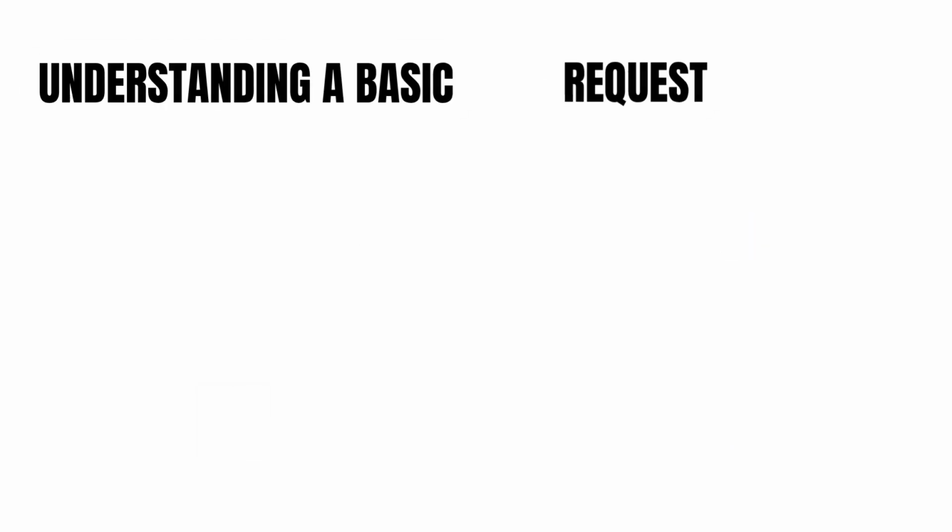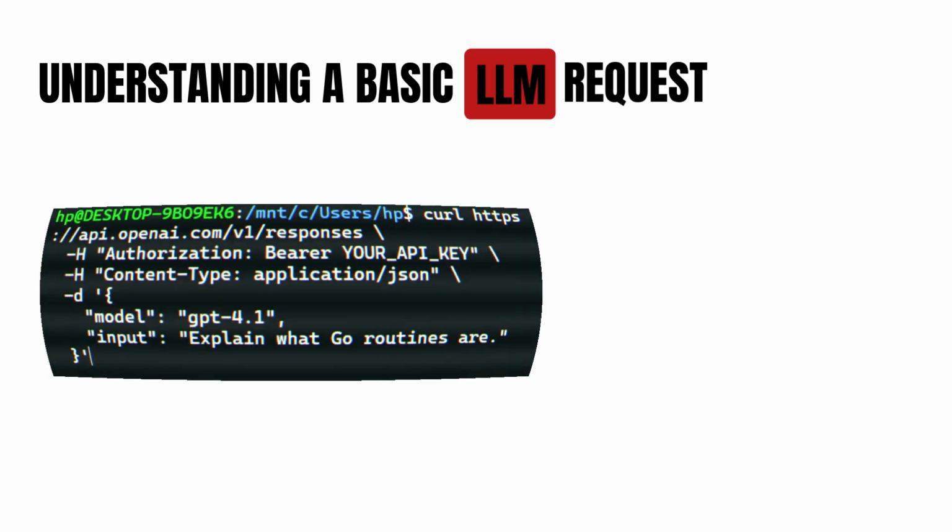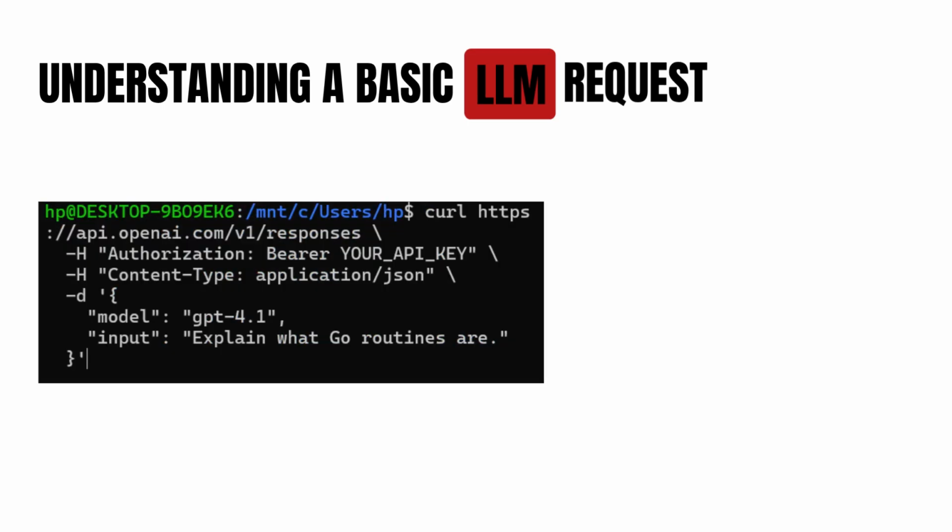Let's first understand how an LLM works without any tool. This is the simplest interaction you can have with OpenAI. Our application makes an HTTP POST request to the OpenAI API. If we were doing it from the terminal, it would look something like this. Notice that we are sending only two important pieces of information: which model we want to use, and the user prompt.